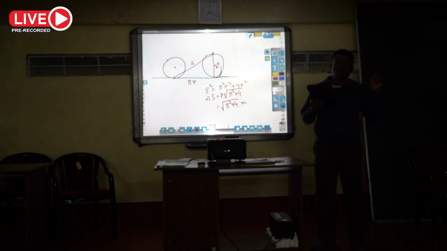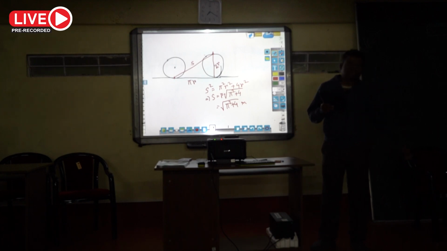Here a means small a, acceleration, equal to 3 minus 2v, where v is the instantaneous velocity.